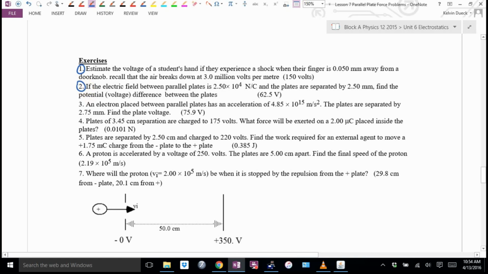2 works. 3 works. 4 is good. 5 is good. What does number 5 want you to find?